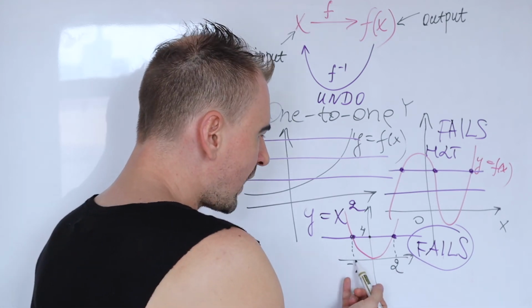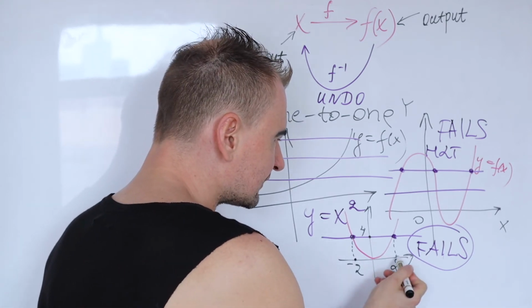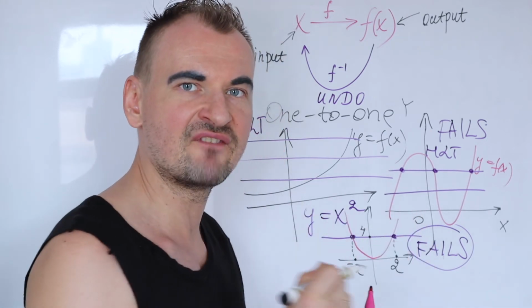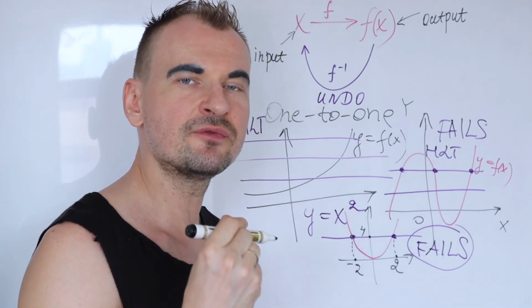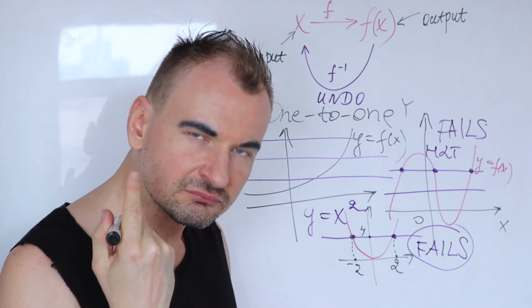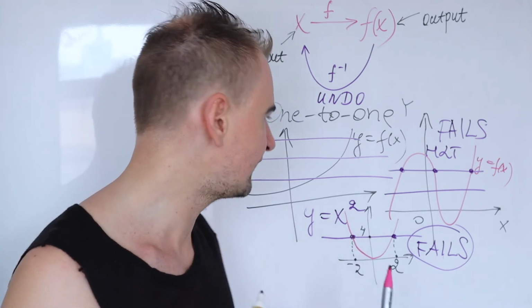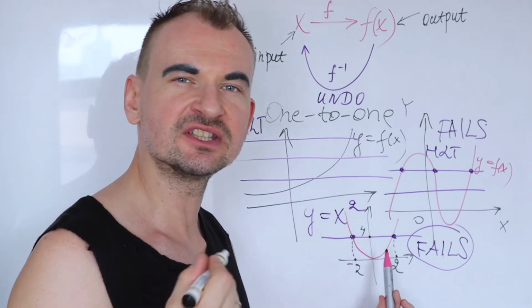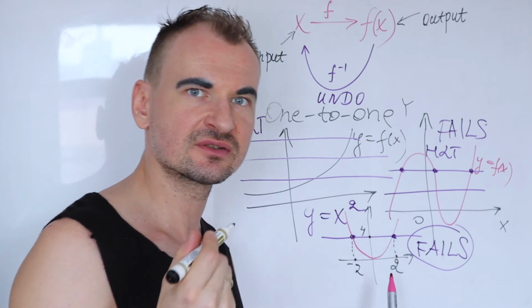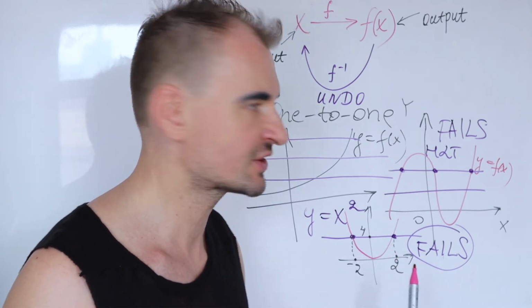So for any two distinct values of x, if you compute the same value of y, that means your function is not a one-to-one function.